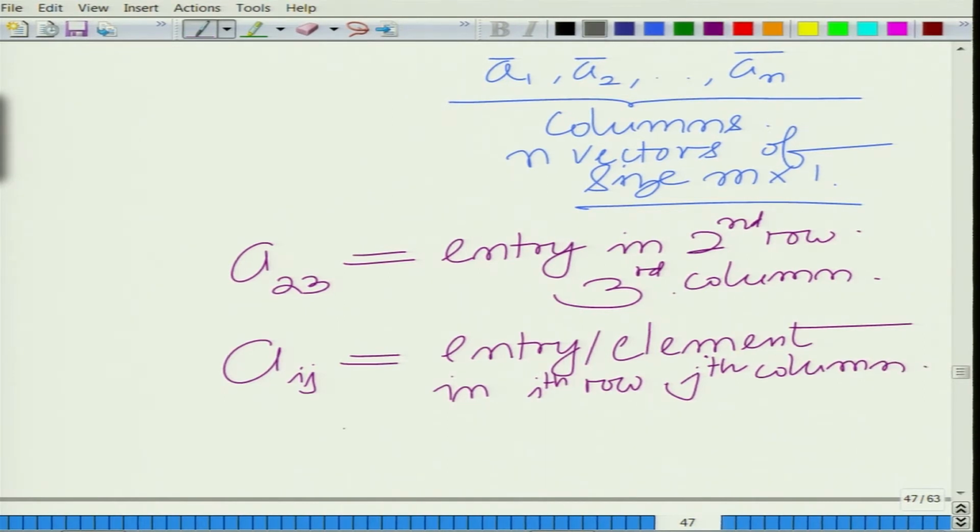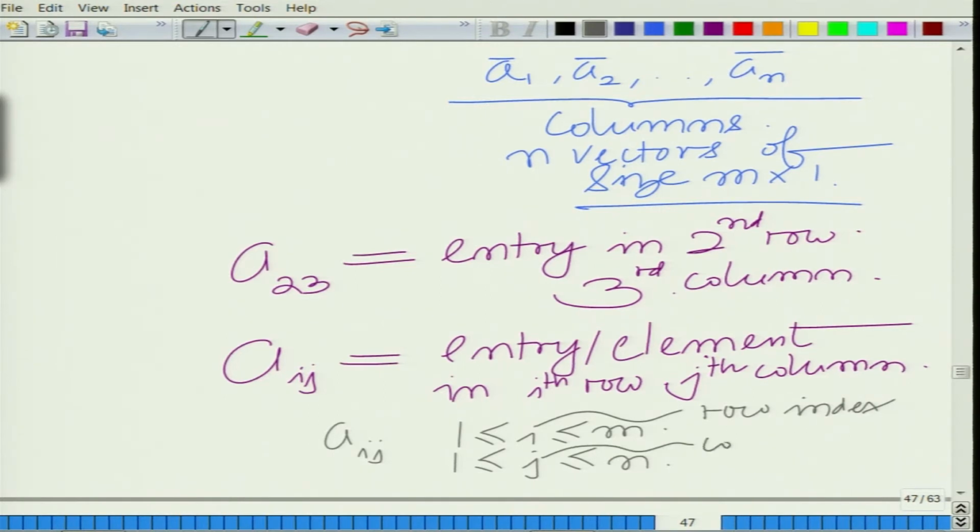So you have Aij, 1 less than or equal to i less than or equal to m, 1 less than or equal to j less than or equal to n, where i is your row index and j is your column index.